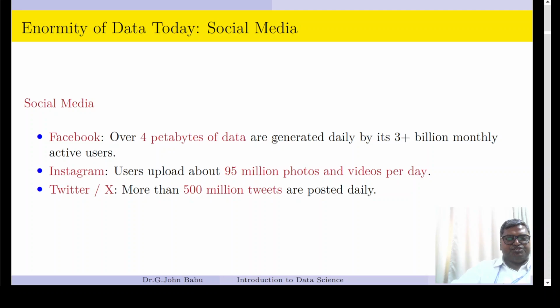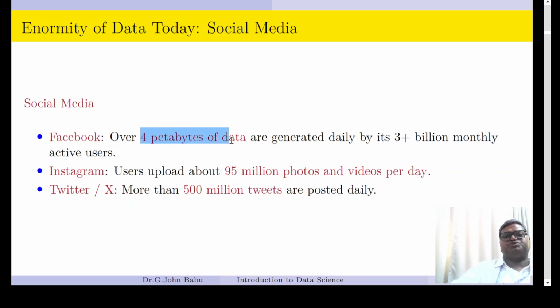Now let me bring to your notice the enormity of the data today. The world has around 7.5 billion population. And do you know how many people have Facebook? More than 3 billion, 300 crores of people are using Facebook, and over 4 petabytes of data is being generated.